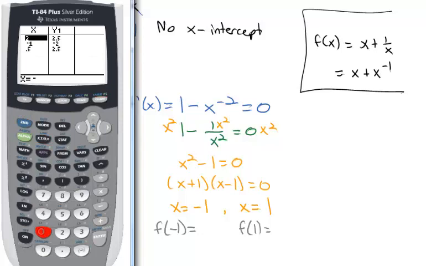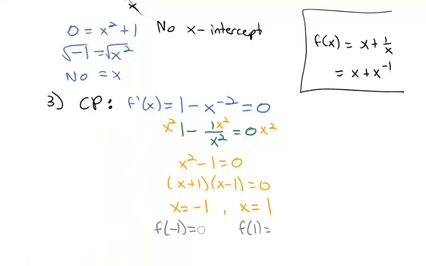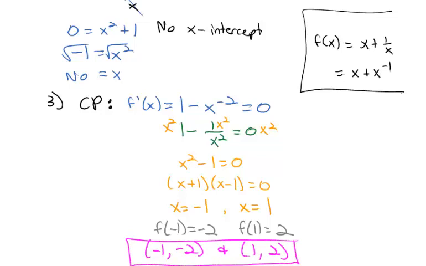We want negative 1, enter, and 1, enter. It's negative 1, negative 2, and 1, positive 2. We have our 2 critical points: negative 1, negative 2, and 1, 2.